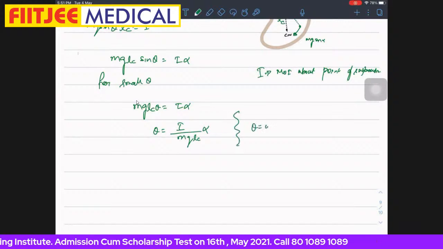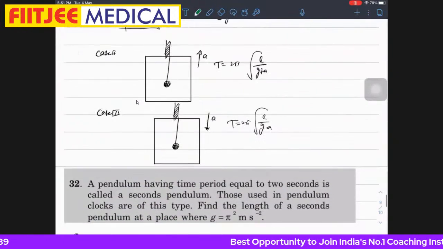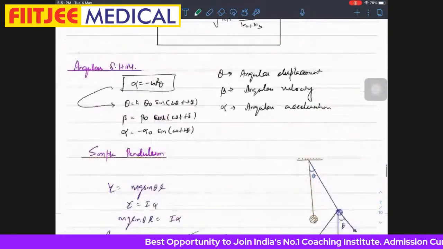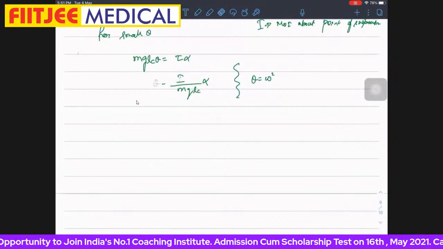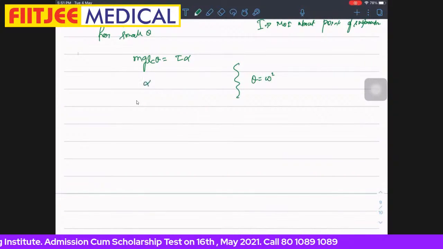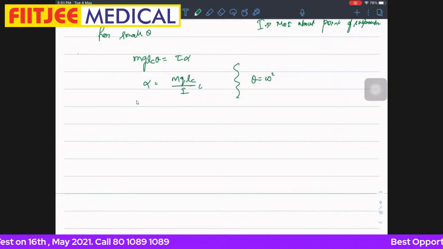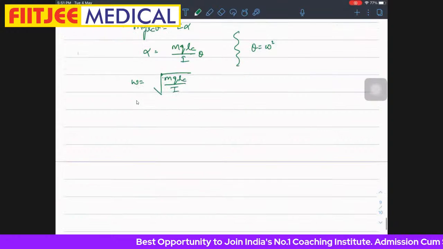Compare with alpha equals omega square theta. We have got the equation alpha equals omega square theta, so I'll write it the reverse way: alpha equals mg LC by I into theta. So omega will become root of mg LC by I.